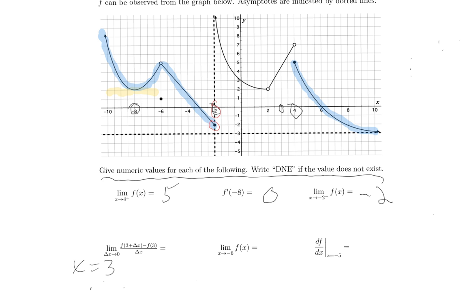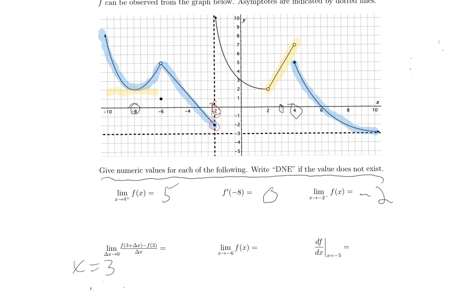Once again, when we're talking about the derivative, we're looking at the slope of a tangent line. Usually this might be complicated, except that the tangent line at x equals 3 is going to be the same as the slope of this line right here. So all we need to do is calculate this slope.